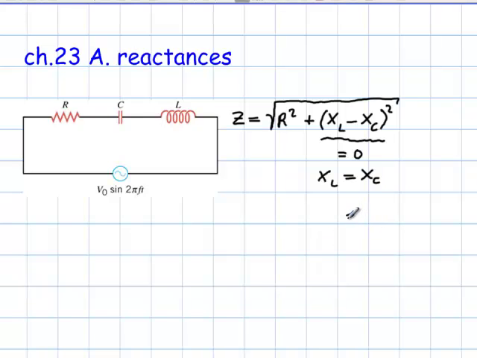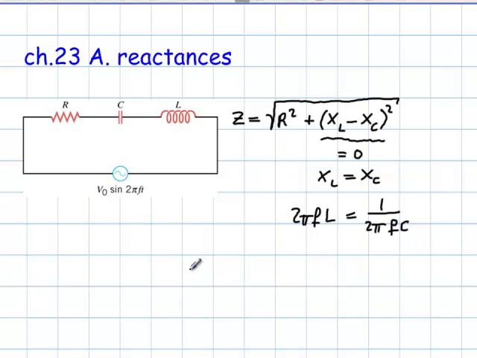So this one is going to be 1 over 2 pi times the frequency times the capacitance, and the other one is given as 2 pi times the frequency times the inductance. Nothing divides out here because this is in the numerator on the left and this is in the denominator on the right hand side.